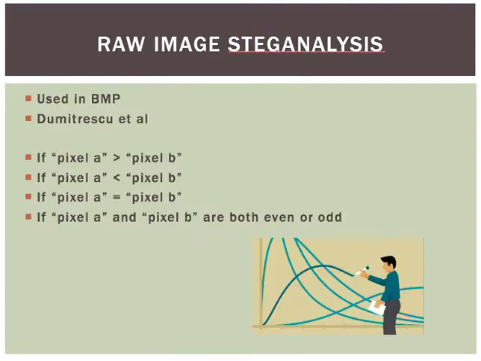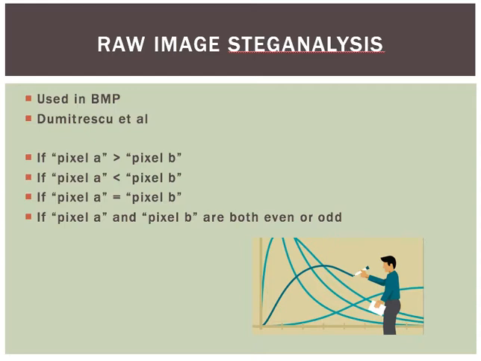Another technique is raw image steganalysis. Raw image steganalysis assumes that images are made up of adjacent pixels. And what we're going to do is a lot of different calculations and comparisons, then look at the values before and after and see if it looks different.